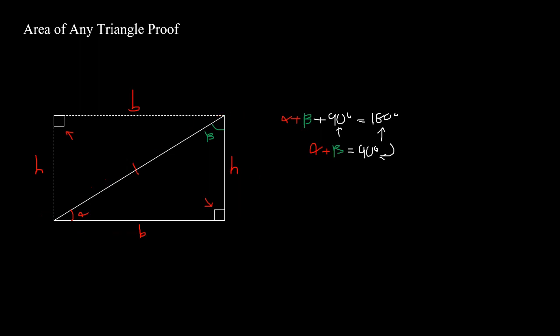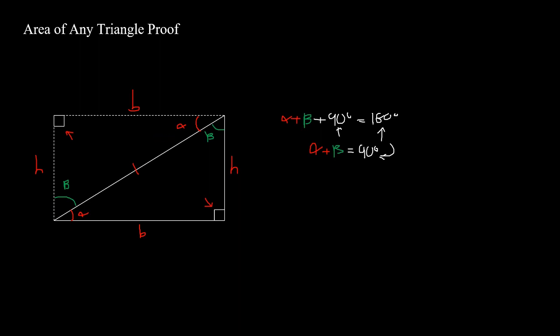So if we look at the two triangles that we just constructed, I'll draw in the other angles. This angle is going to be beta, and this angle is going to be alpha, just because we duplicated and flipped it. So this would be where alpha ends up.